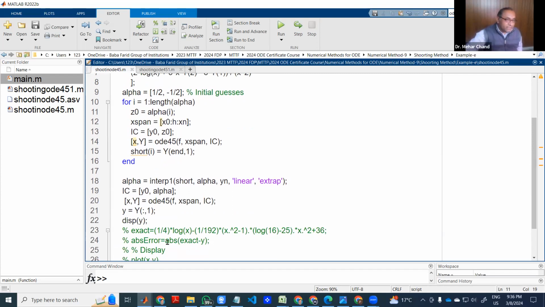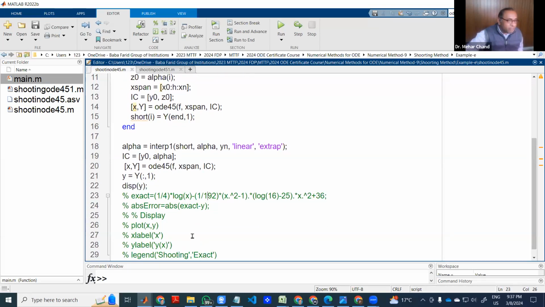After checking, I think I made some error while writing. That's why the comparison is not according to our desire. After correcting this code, I will provide it to you. So this is the complete procedure of the shooting method, and I hope that this will help you.